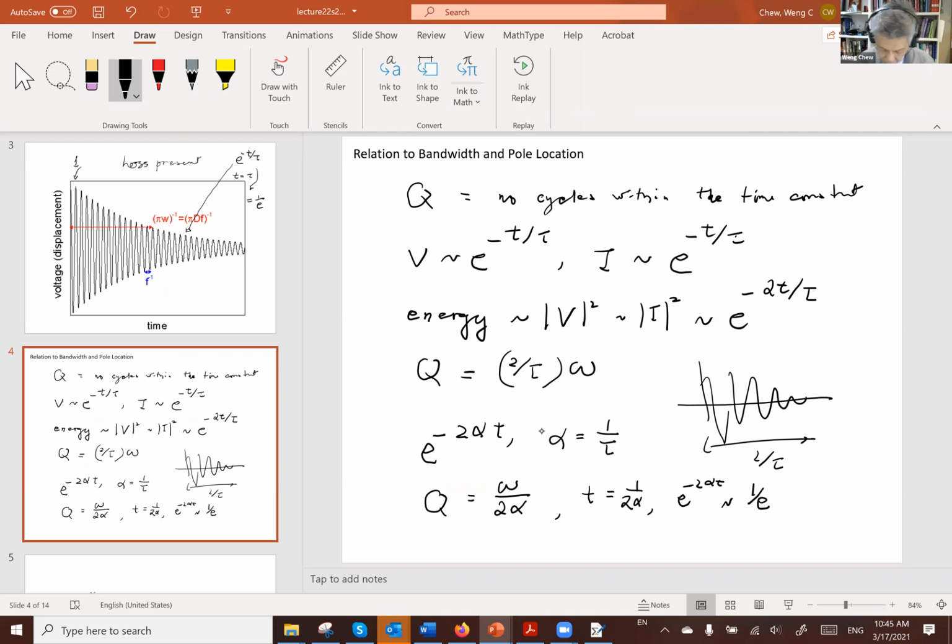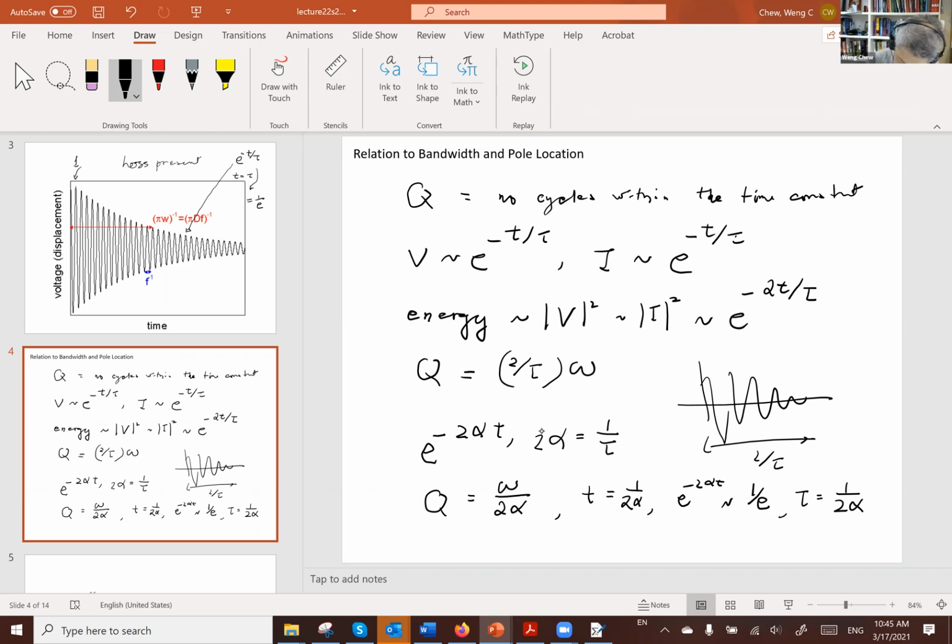So the time constant tau should be equal to 1 over 2 alpha. That is wrong, isn't it? The time constant here should be 1 over 2 alpha. So 2 alpha is 1 over tau.